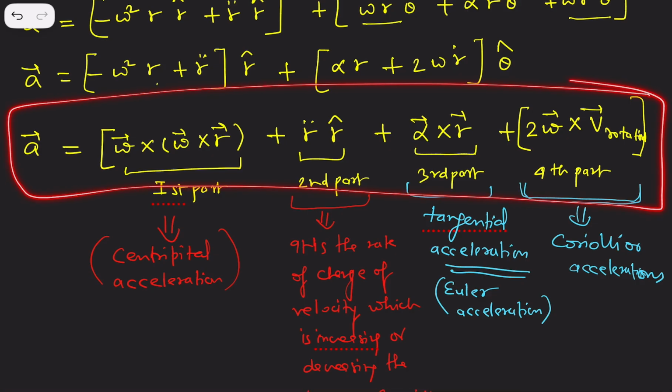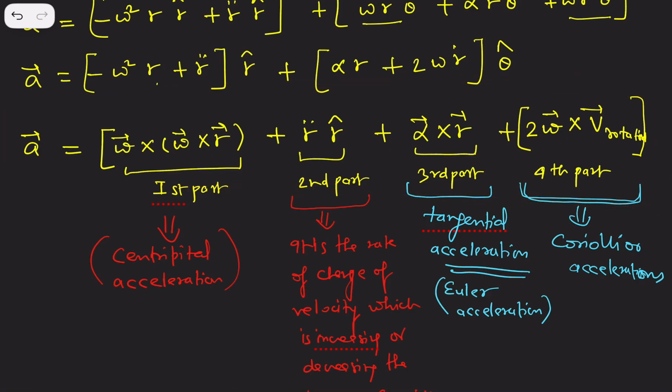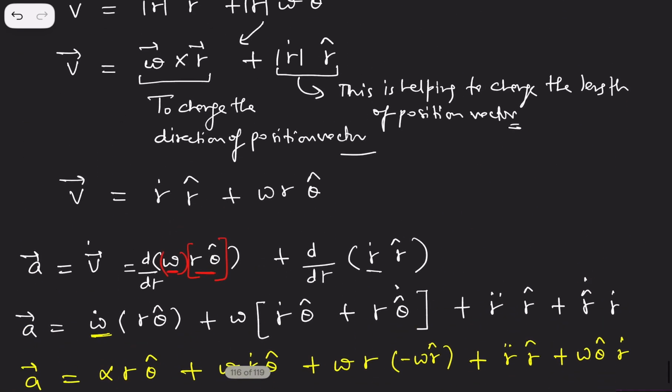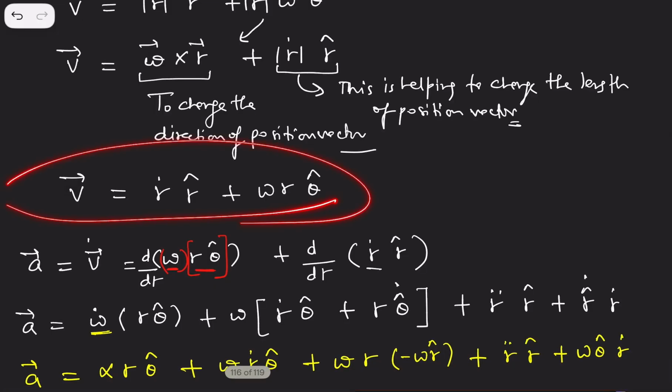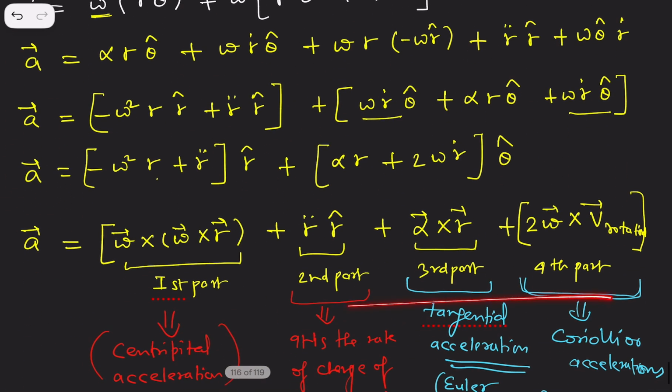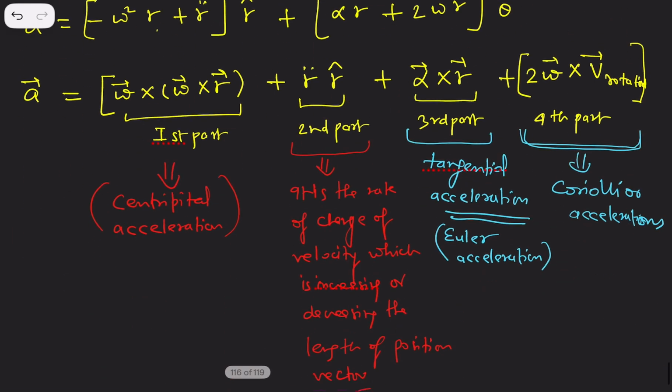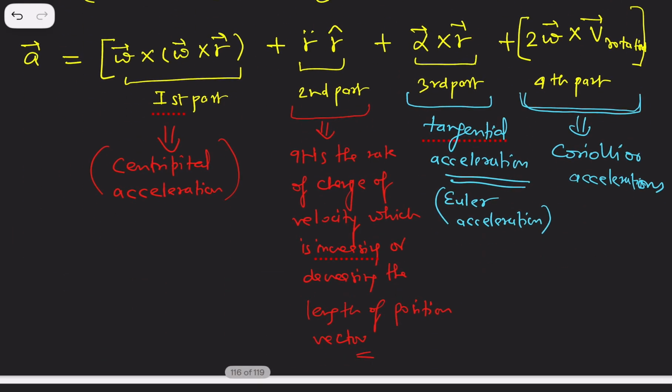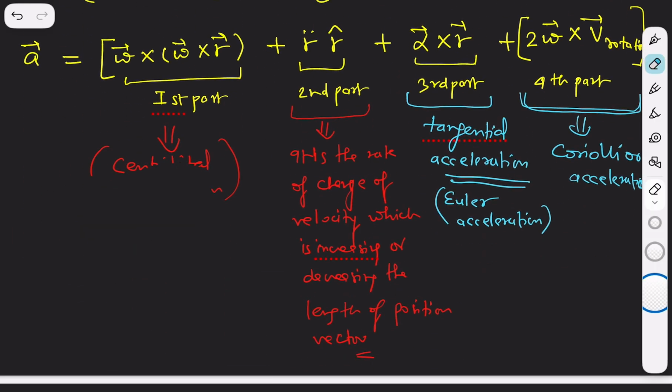So we have discussed the velocity vector of a particle when it is moving on a general curve. And then we have discussed what would be the acceleration of the particle when it is moving on a general curve. We have discussed all those discussions here also.